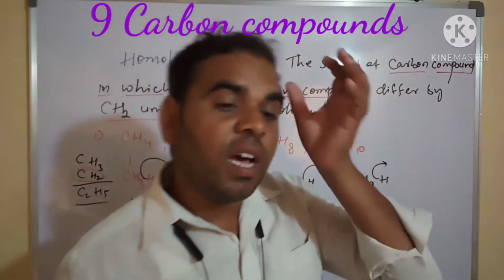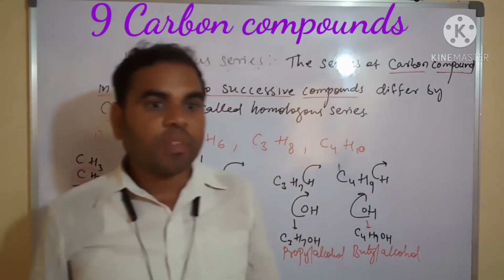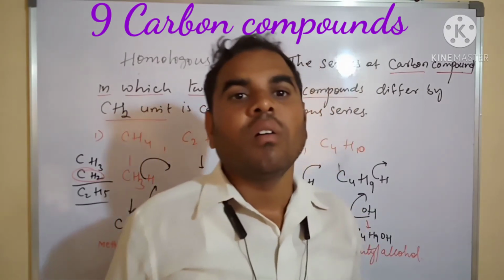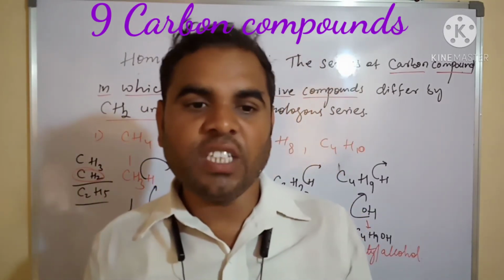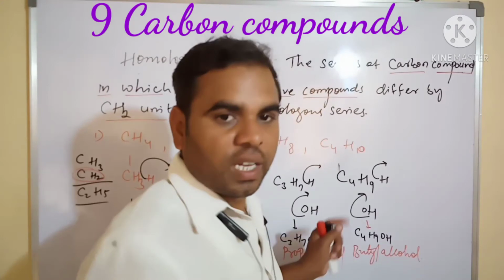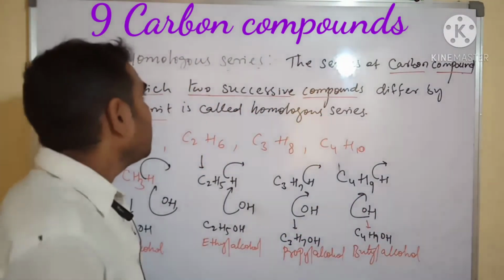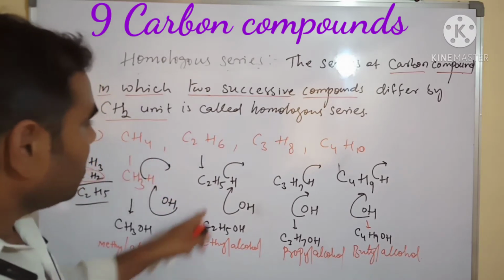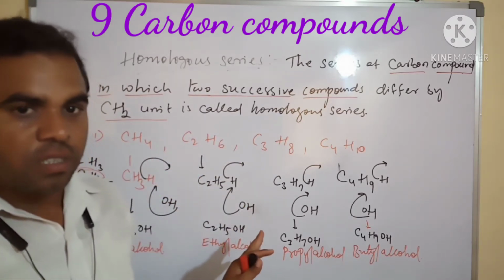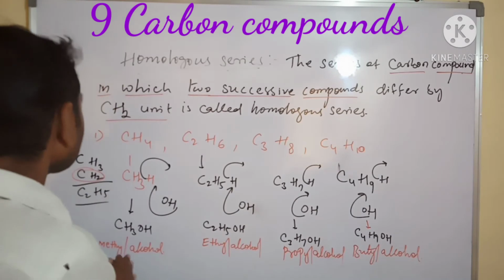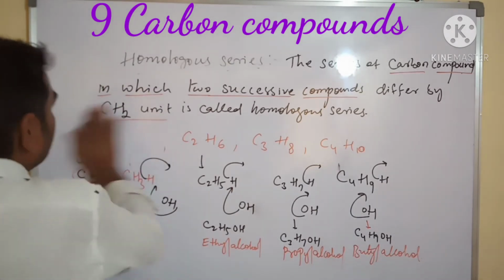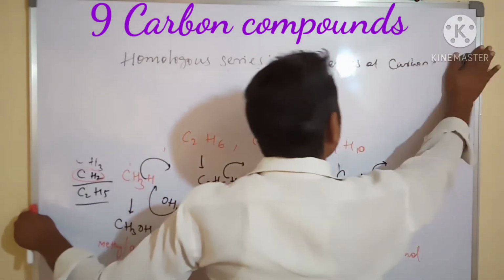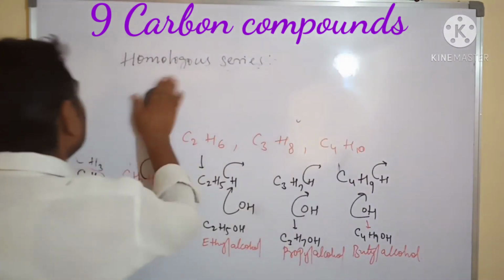Next we will see the properties or characteristics of homologous series. Do you understand? You have to write this definition and these examples. It is enough. Next we go to the characteristics of homologous series.